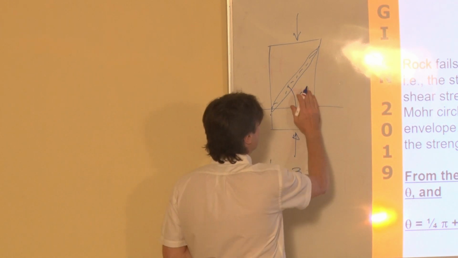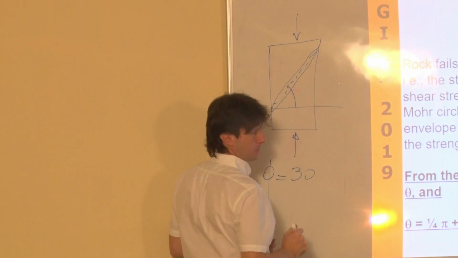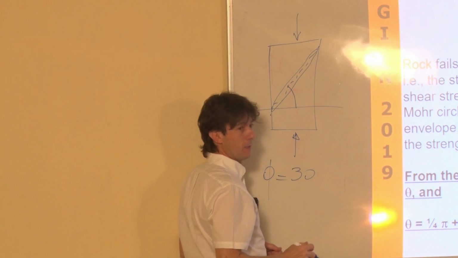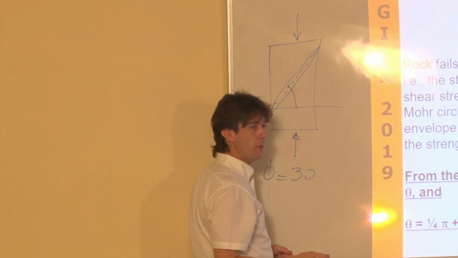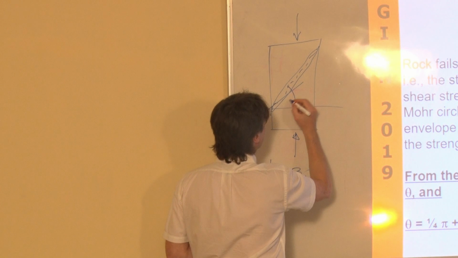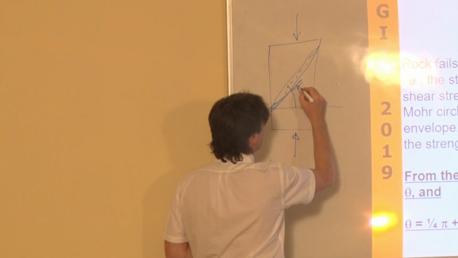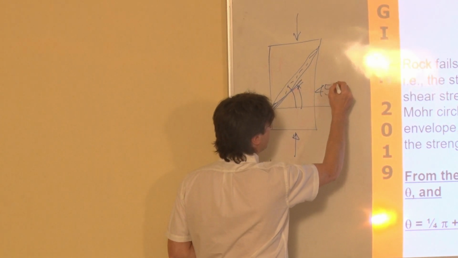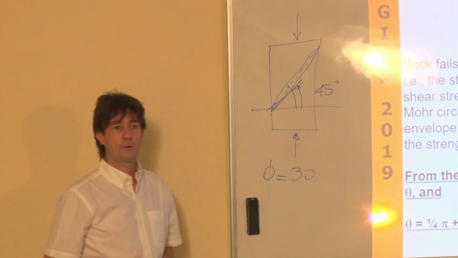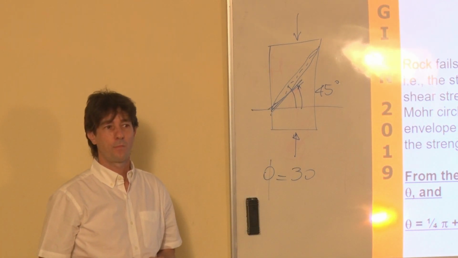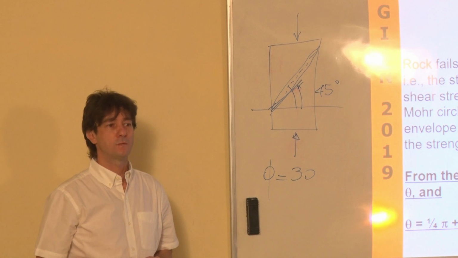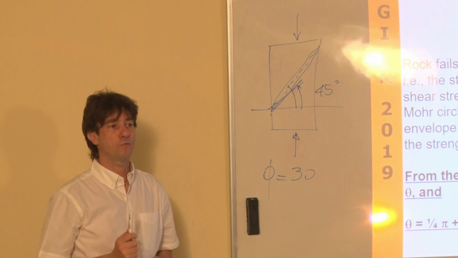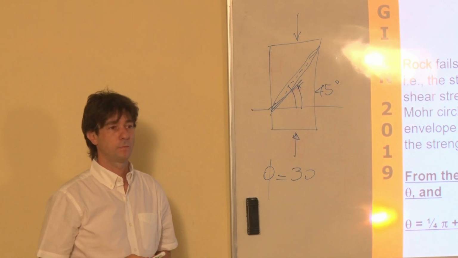But you can go online, there are papers where this angle is 45 degrees. What does it mean? 45 means that we are running a frictionless model. Does it make sense? No.